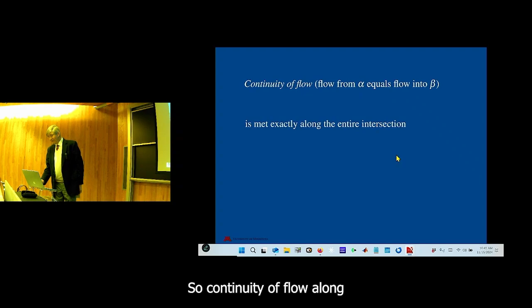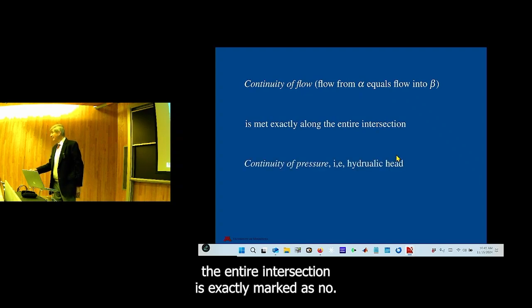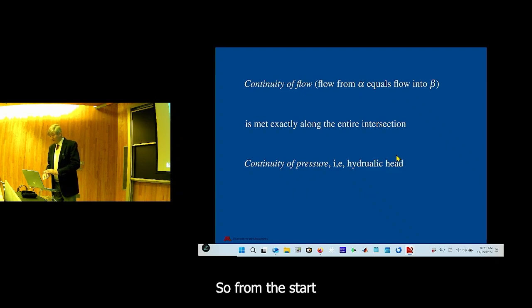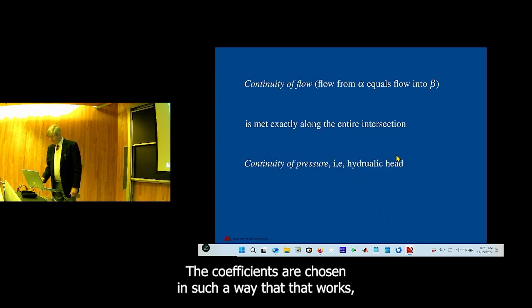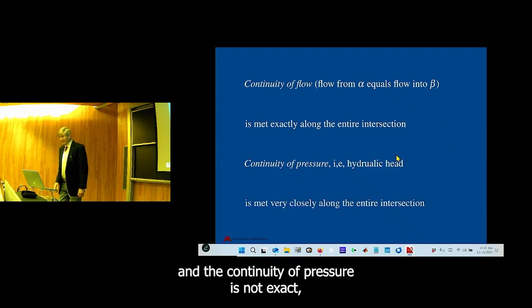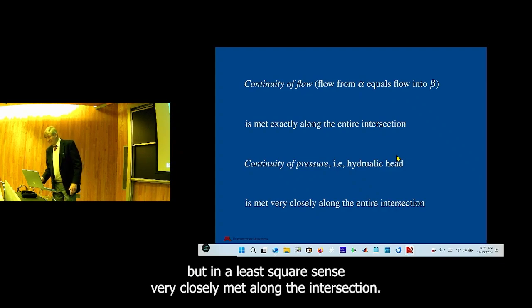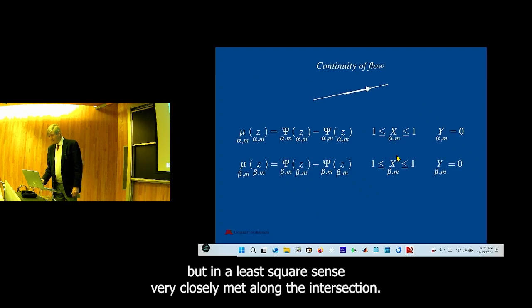So continuity of flow along the entire intersection is exactly met, from the start. The coefficients are chosen in such a way that that works. And the continuity of pressure is not exact, but in a least square sense, very closely met along the intersection.